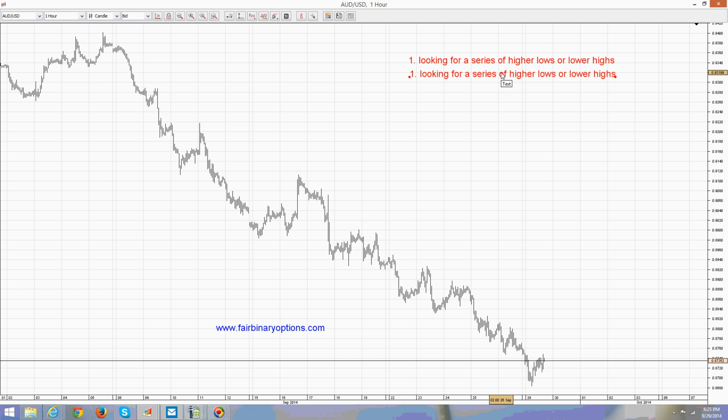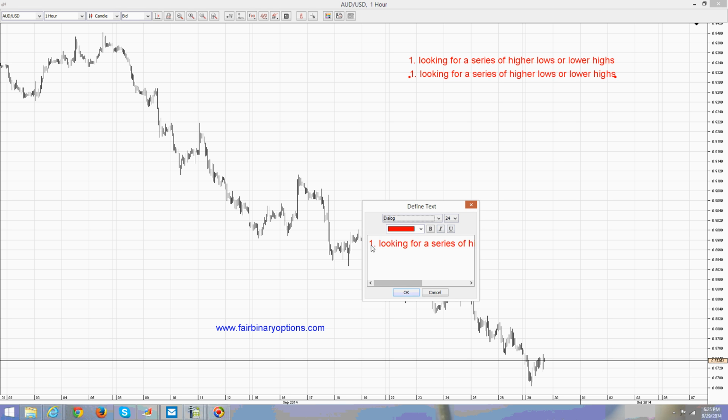So basically all you need to do is to look for those points. Then after that, the second thing to do, after identifying at least 2 points, 2 higher lows, let's say higher lows or lower highs, and in brackets ideally 3 points, 3 higher lows or lower highs.